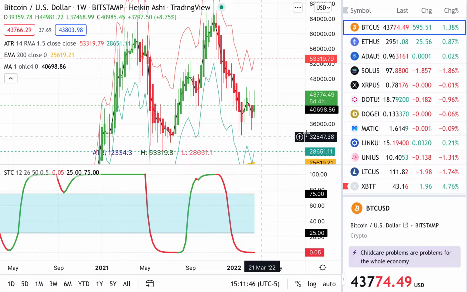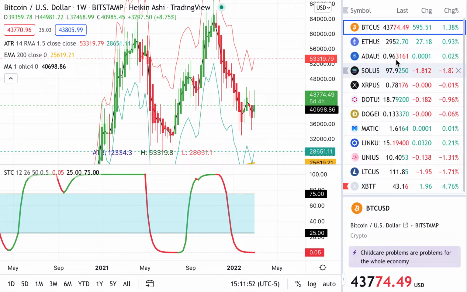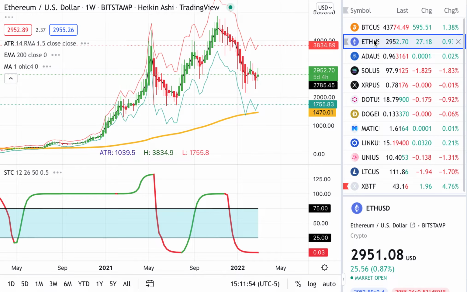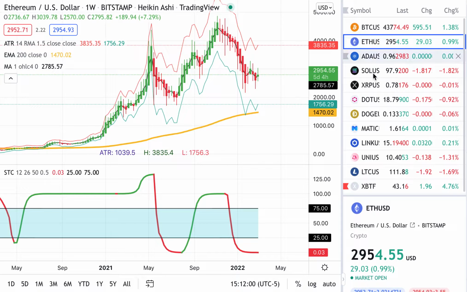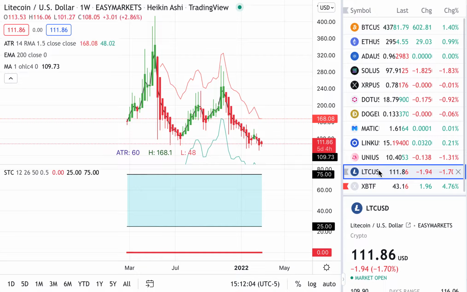So again, I would encourage you to start practice trading these things. If you're interested in what's going on in the markets when it comes to these various cryptocurrencies, you're going to need to start following. If you're interested in Litecoin, then start paying attention to Litecoin.